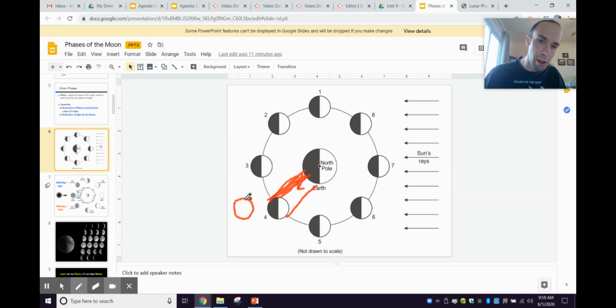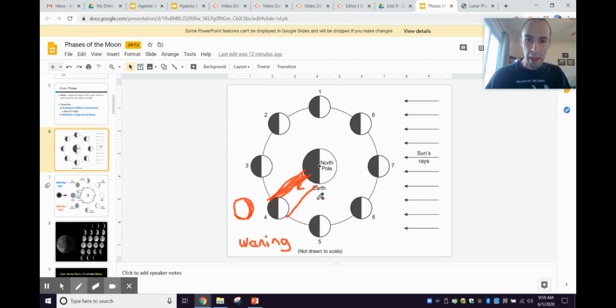The side that's shaded is just a little bit of it on the right-hand side. The left-hand side is mostly lit up. This is called a waning gibbous moon. So the bottom part here, as it starts to get dimmer, we call that waning. Okay, and all these guys on the bottom are all waning until we get back to new moon over here.